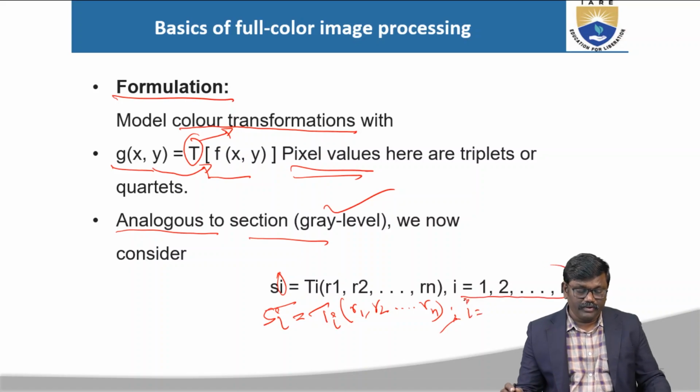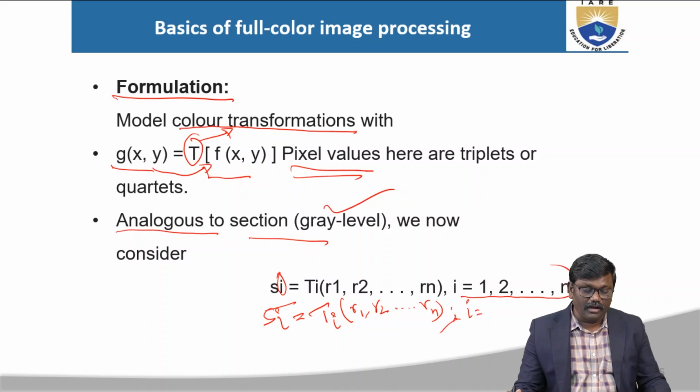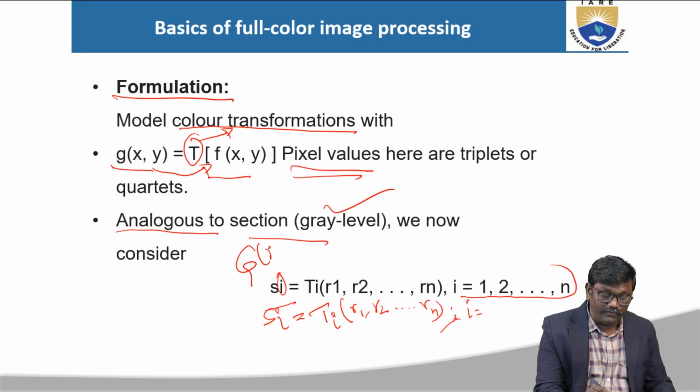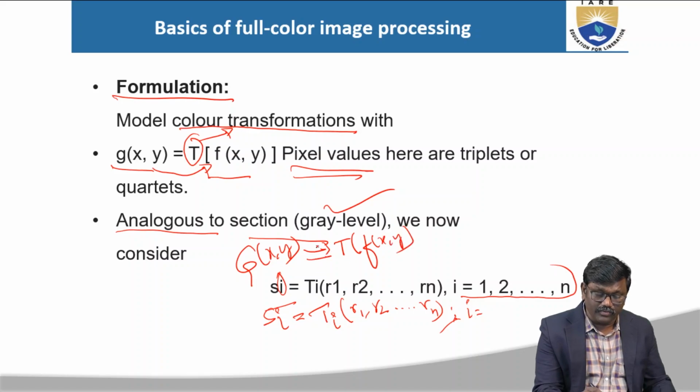What do these values mean? g of x comma y is converted by T of f of x comma y. This is your transformation.